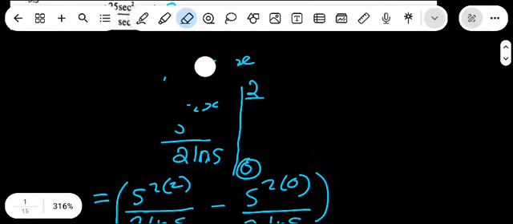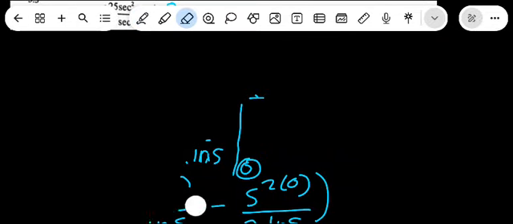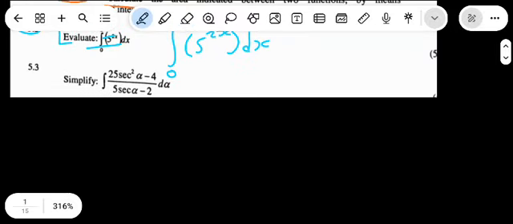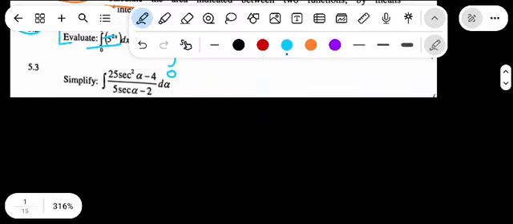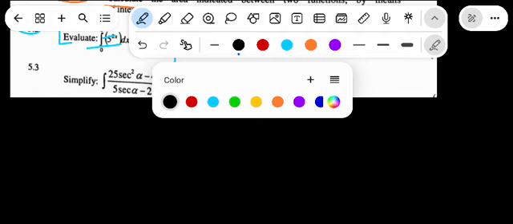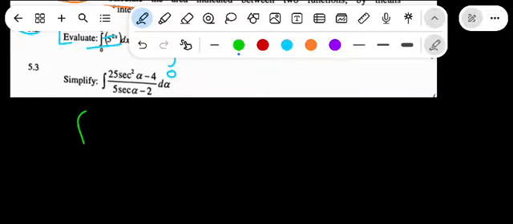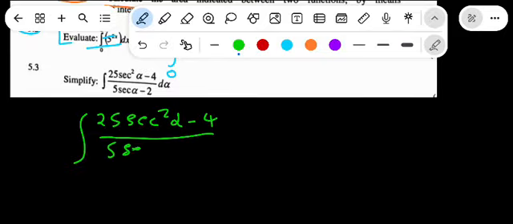So let's try and check what we are given here. Again, we're given this integral: 25 secant squared alpha minus 4, divided by 5 sec alpha minus 2, d alpha.